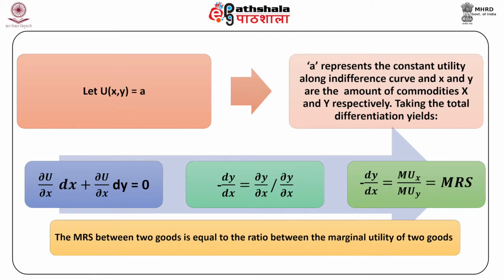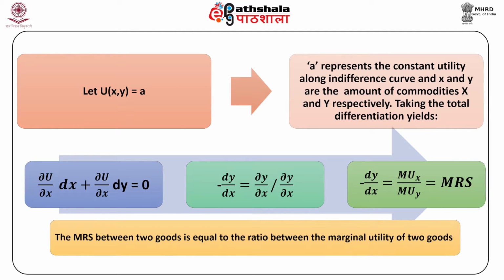respectively. Taking total differentiation of equation 1, we get delta u upon delta x dx plus delta u upon delta y dy is equal to 0. That is, minus dy upon dx is equal to delta u upon delta x, whole divided by delta u upon delta y.